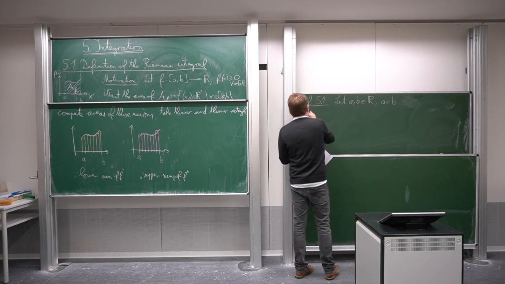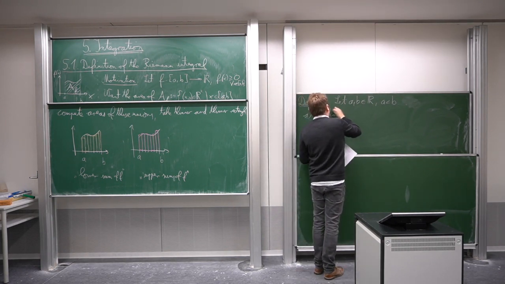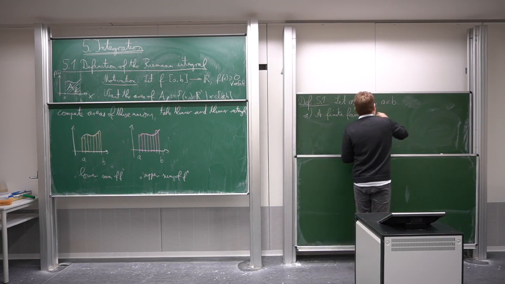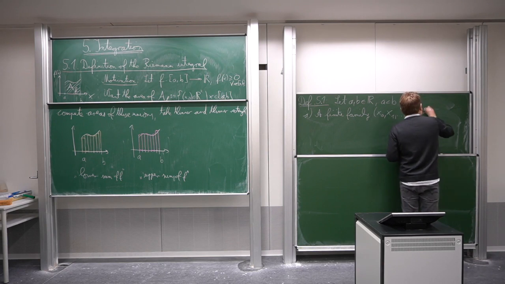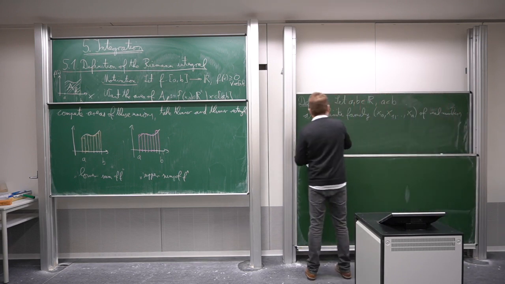Part A of the definition: a finite family of real numbers x0, x1, up to xn, with the following property.